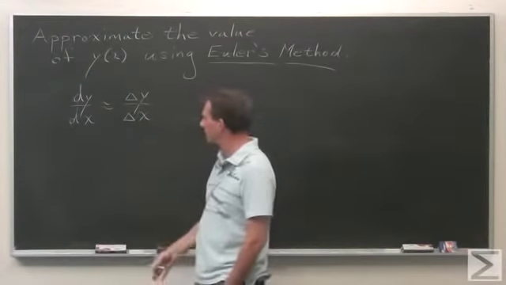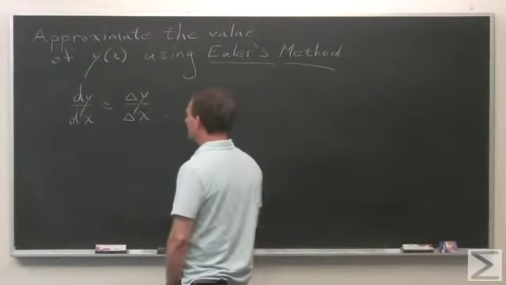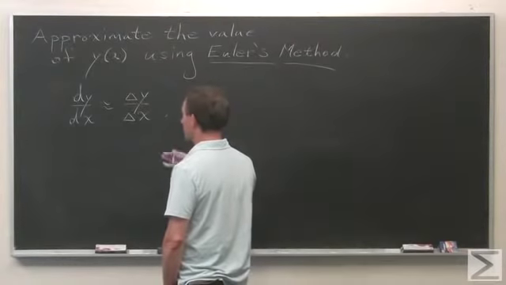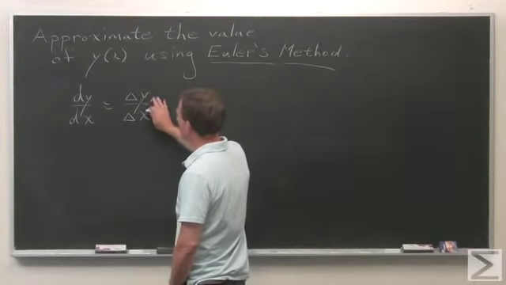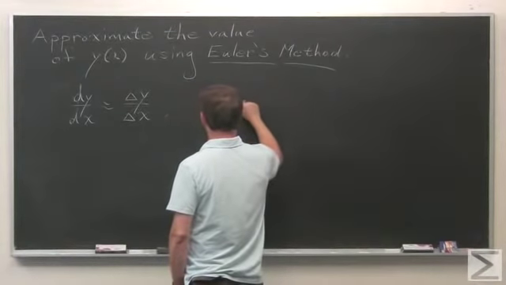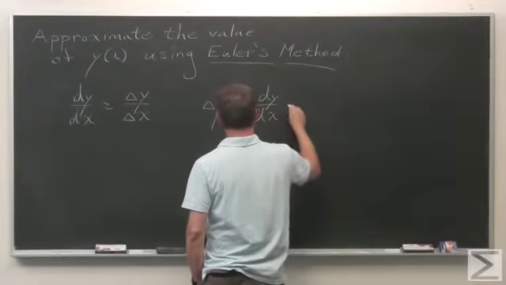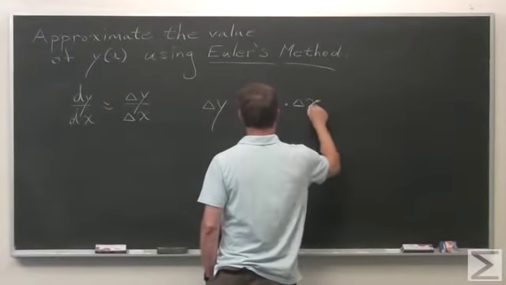This is more like the differential approximation, but that's the same as linear approximation. If you multiply both sides by delta x, you get the change in y is approximately equal to the derivative of y with respect to x times the change in x.